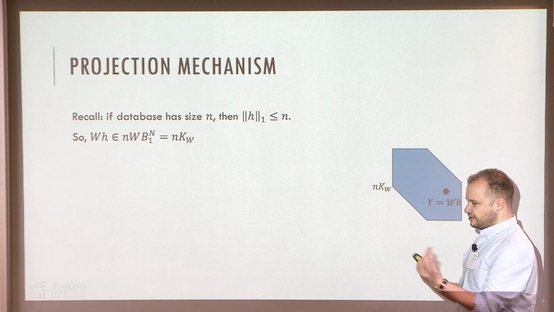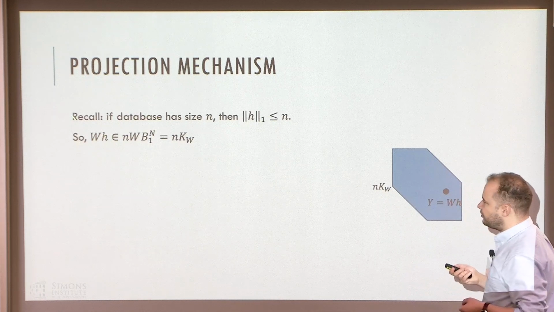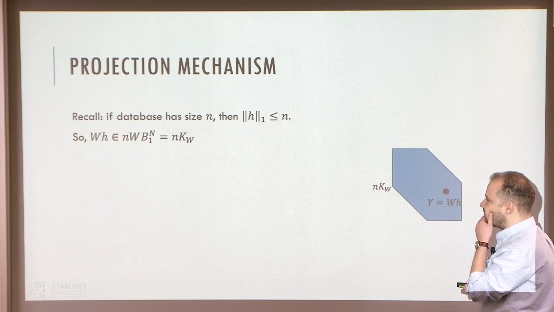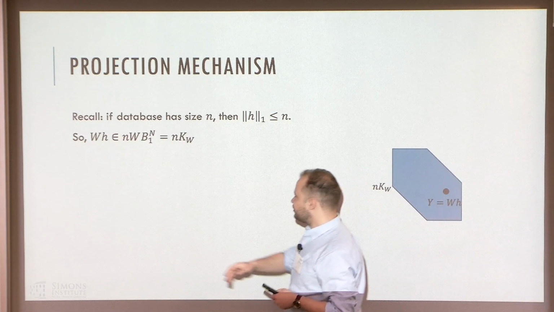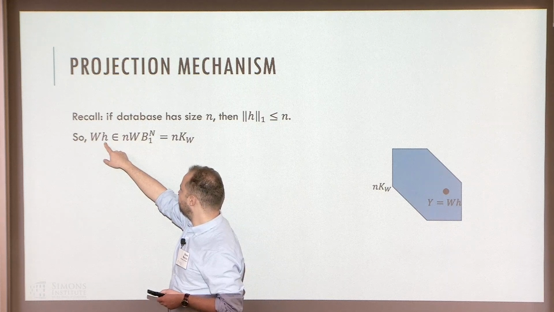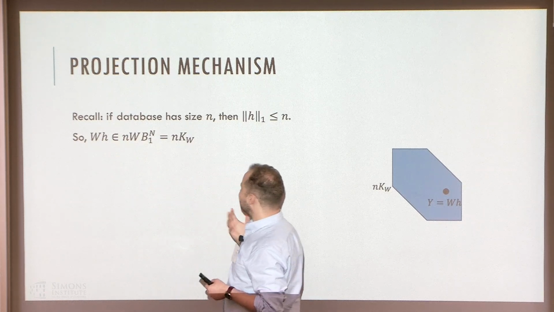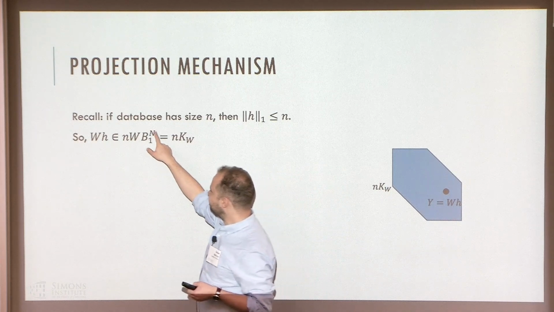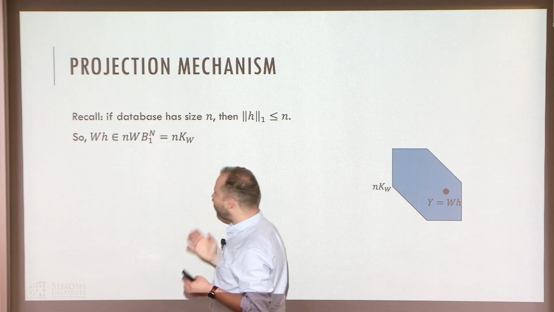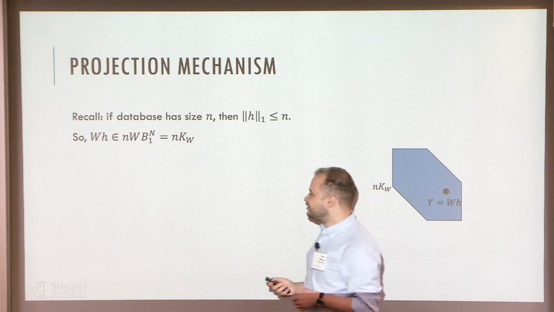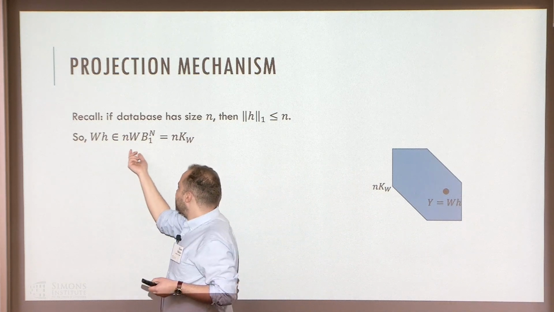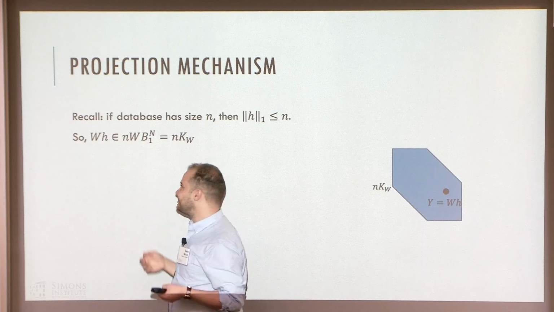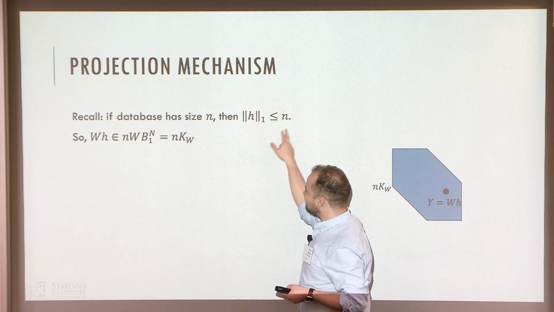And we said, given a query matrix W, the vector of query answers is just the product of this query matrix and the histogram h. And h is a vector of L1 norm at most n. Remember, this is my notation for all vectors of L1 norm at most 1. So the vector of query answers has to be in the image under W of the set of all vectors with this L1 norm.